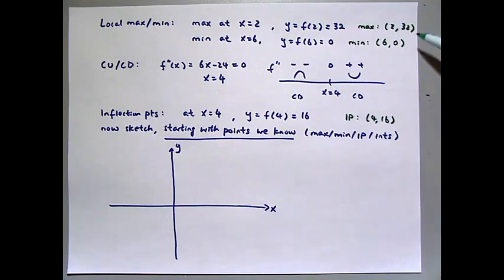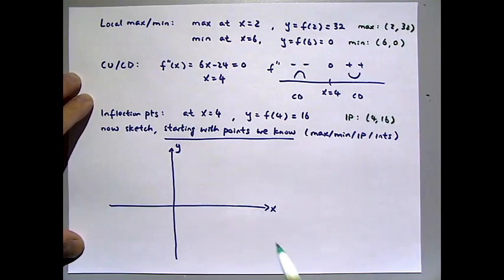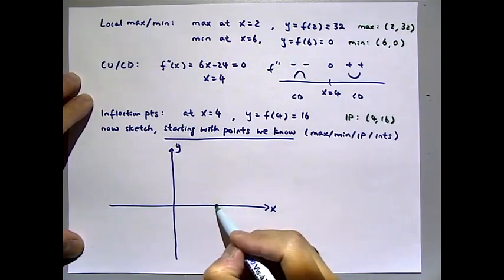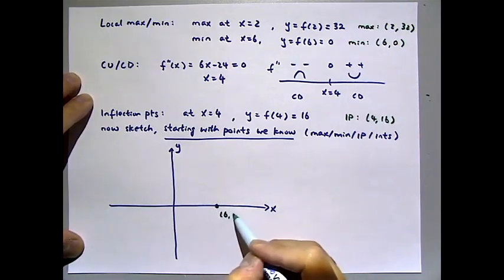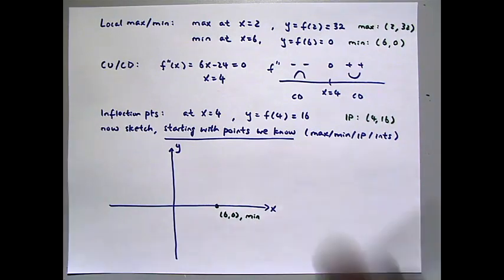Let's start with what we got on this page. (6, 0) is a local minimum. Let's say it's right here. Now, I expect nothing to be lower than that in the nearby neighborhood of that point.